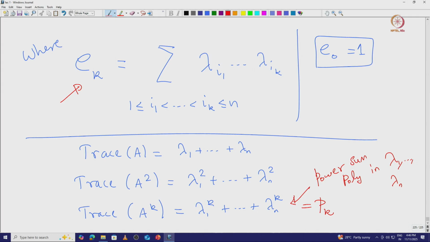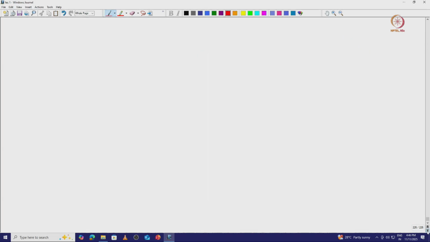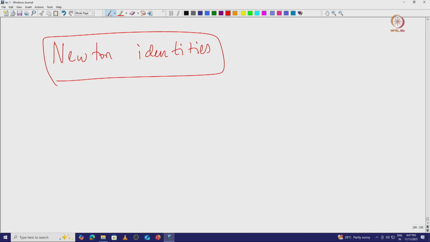So, this is called the elementary symmetric polynomials in lambda 1 etcetera lambda n. The Newton identity, let me just state it, gives a close relationship between the power sums and elementary symmetric polynomials.